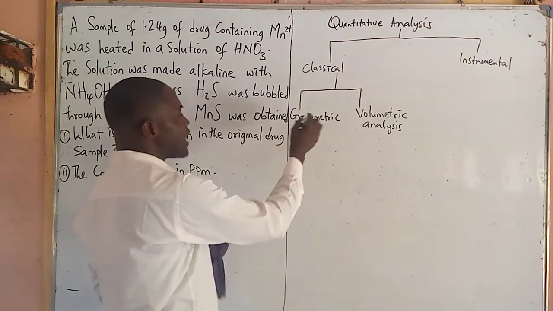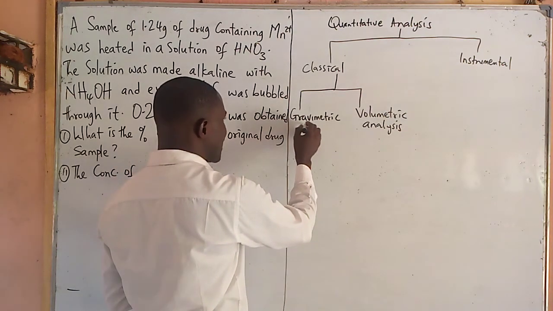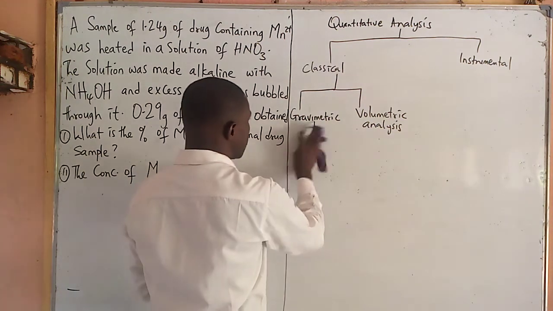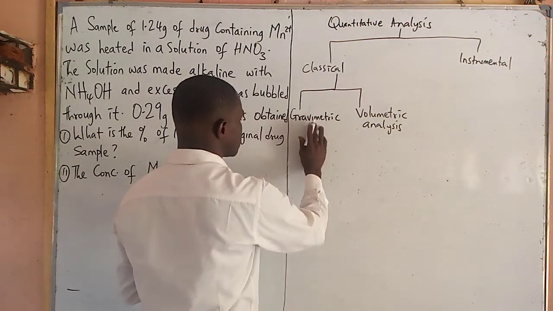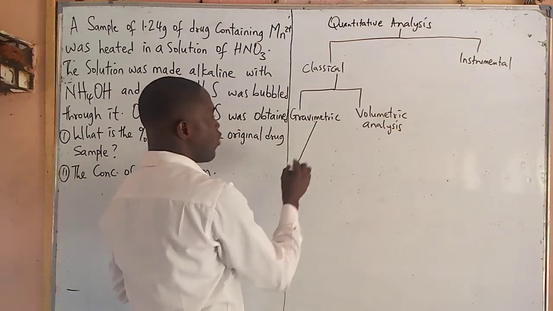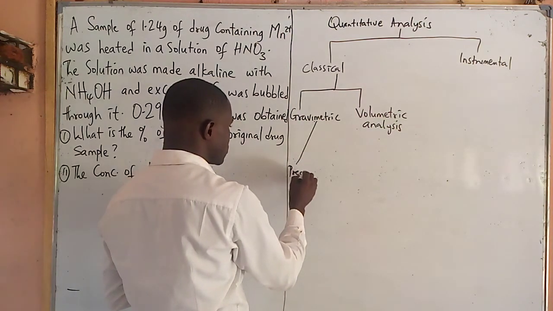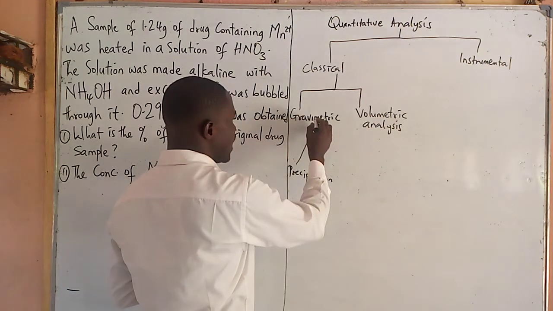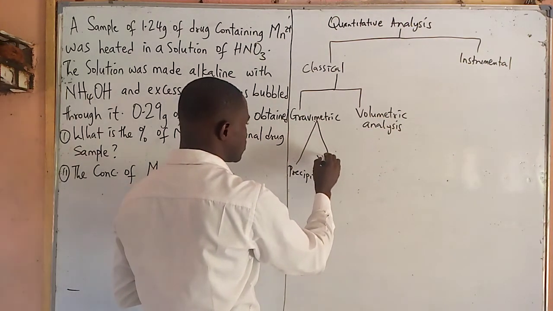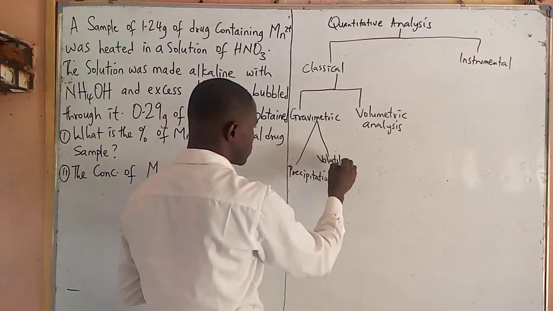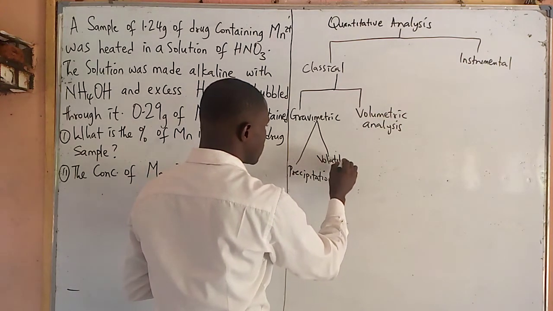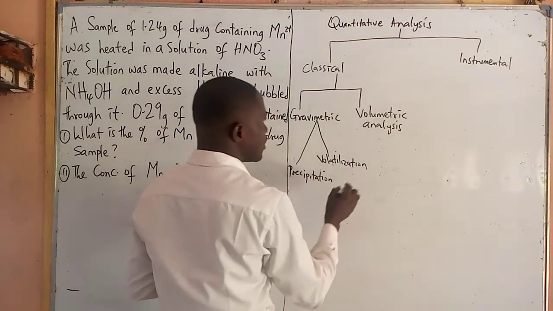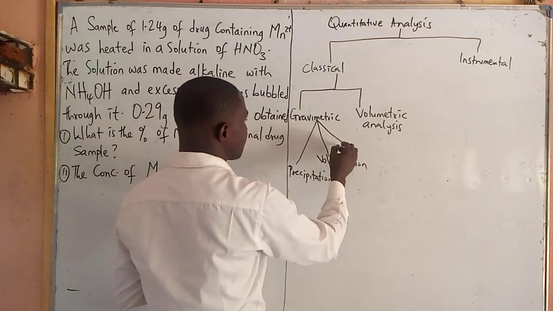Then under gravimetric, it has its own branches again, which are one, precipitation, then two, volatilization, and three, electrogravimetric.